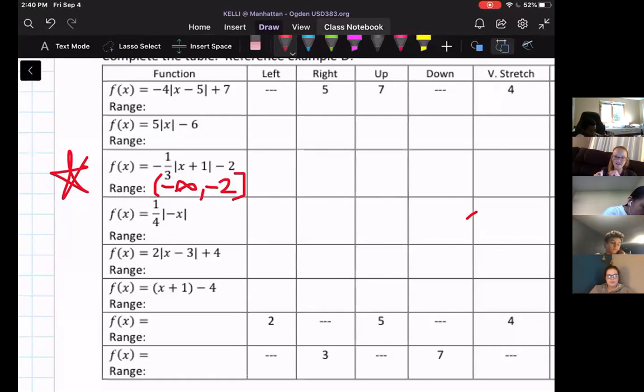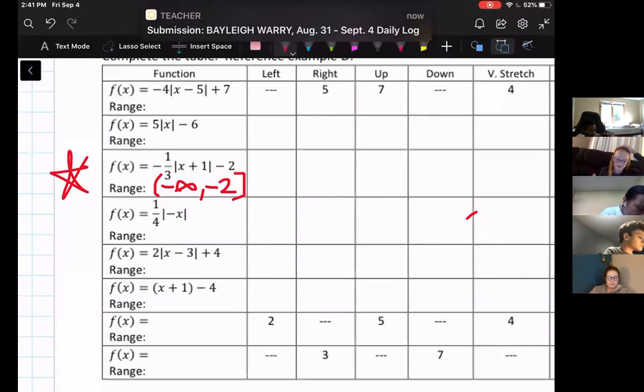Yeah, the -6 is going to be either the highest or the lowest, and that's really determined on if it opens up or down. This one opened down, so it's got a high point. That one right above it opens up, so it's going to be a low point. So it's not going to be parentheses negative infinity. It's not going to have started from the bottom forever and going up.